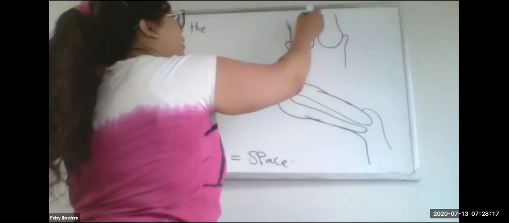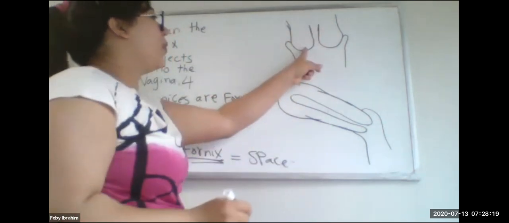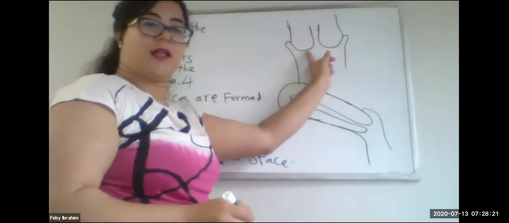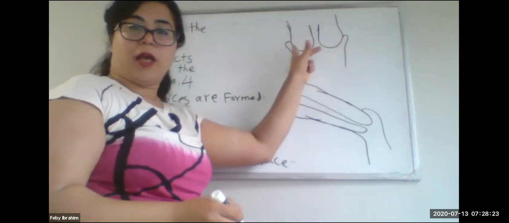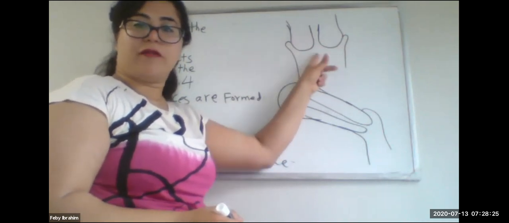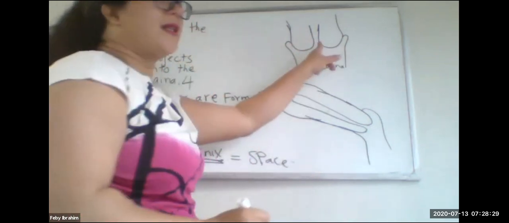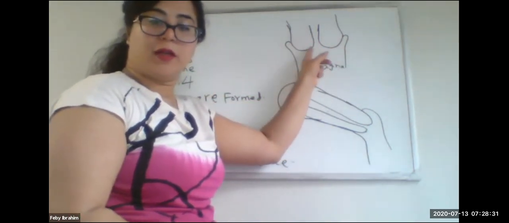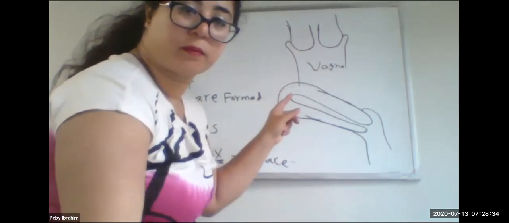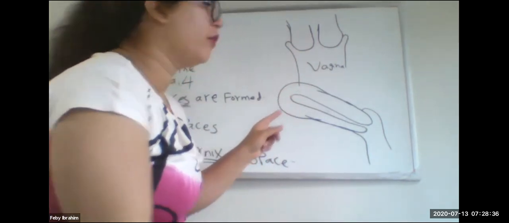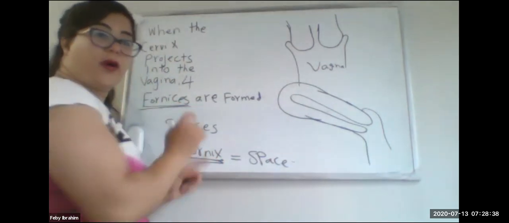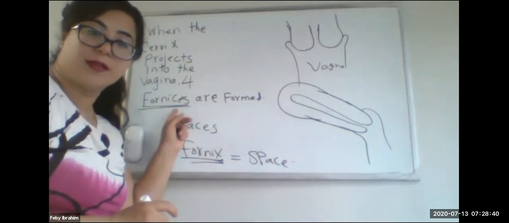Okay, so look here guys, this is the cervix. See how it's cylindrical in shape again, and it projects into the vagina. This is the vagina. When the cervix projects into the vagina, four fornices, four spaces, are formed.